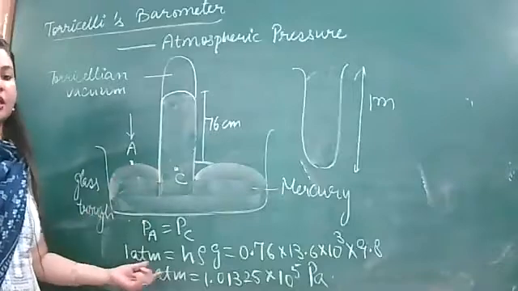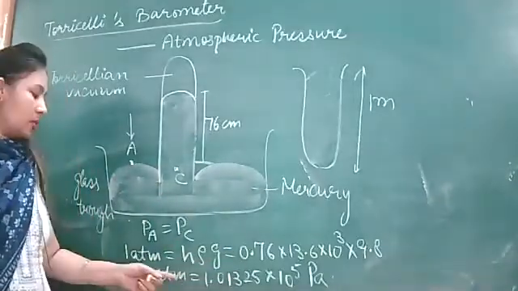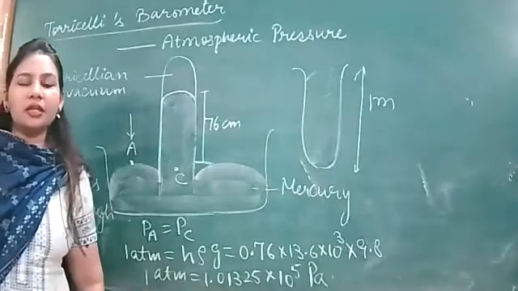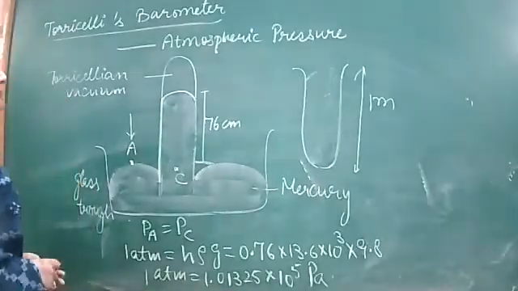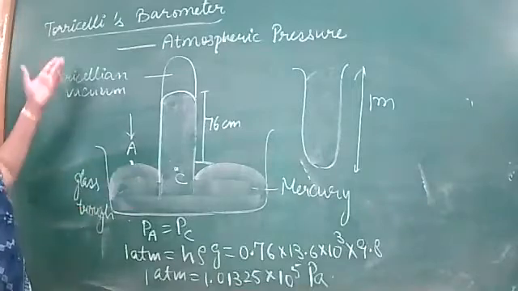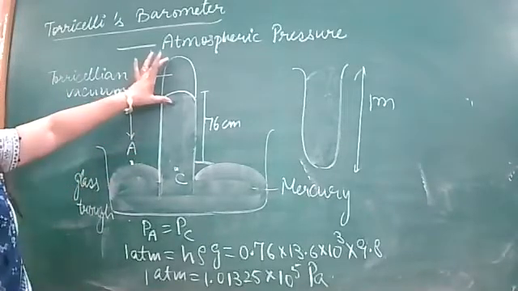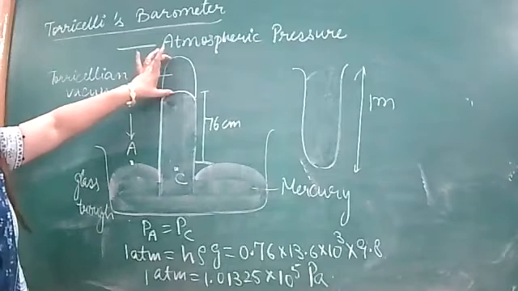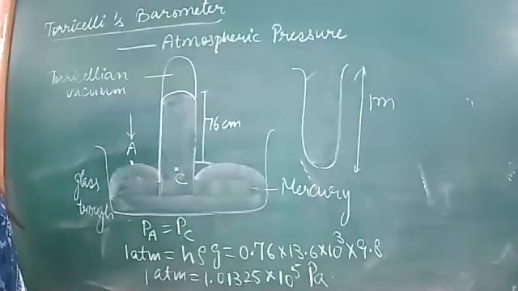So we have calculated 1 atmospheric pressure using this concept, that is always to be remembered as equal to 1.01325 into 10 raised to power 5 Pascals. Fine. So have a look at this. This was the first barometer, Torricelli's barometer, and this vacuum created inside the test tube is called Torricellian vacuum.